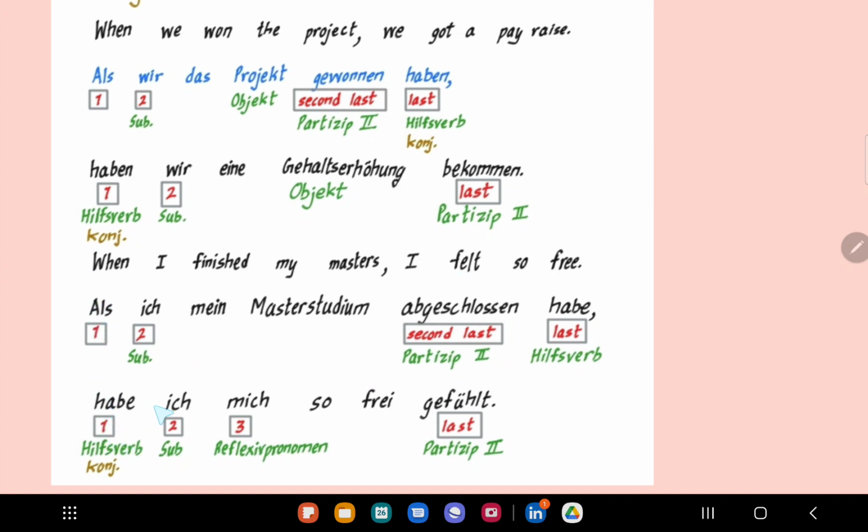I felt so free, again check, it would be ich habe mich so frei gefühlt, but because it is after a comma or Nebensatz, it is habe ich mich so frei gefühlt. Gefühlt is participle zwei of fühlen. This is a reflexive pronoun, so ich mich, du dich, sie sich, ihr euch, small sich, capital Sich, also sich.